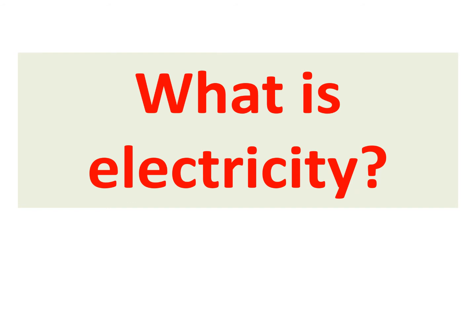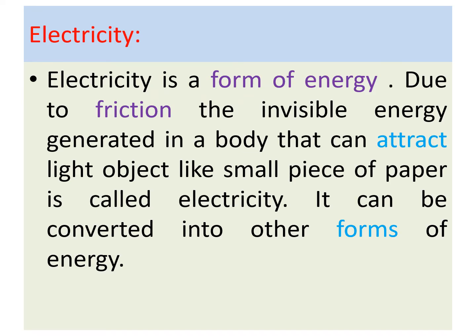We can ask, what is electricity? Electricity is a form of energy. Due to friction, the invisible energy generated in a body that can attract light objects like a small piece of paper is called electricity. It can be converted into other forms of energy. You have understood what electricity is. Electricity is a form of energy.